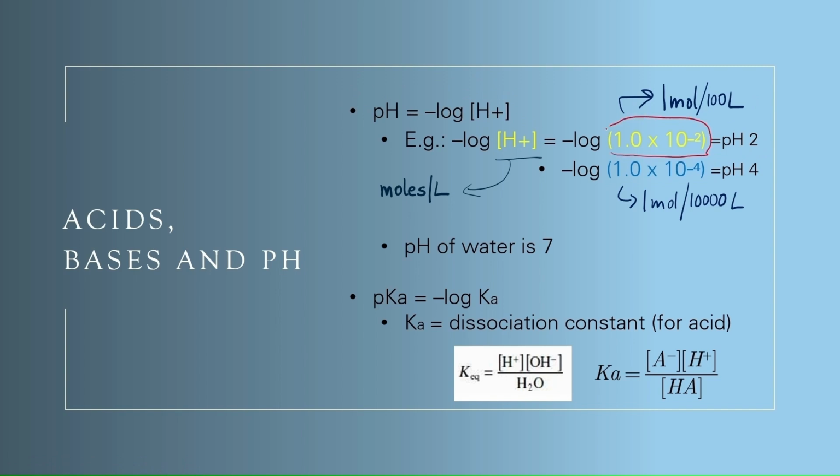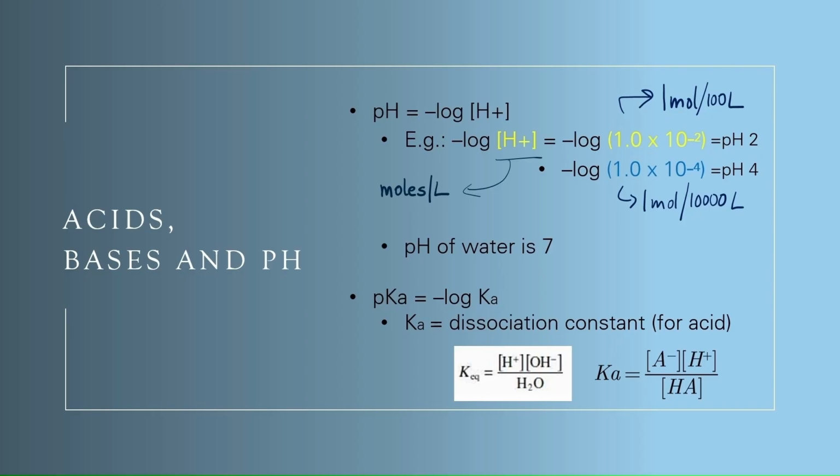Because when you put it into perspective, 1 into 10 raised to minus 2 means 0.01 moles of proton per liter of water. This is pH 2, that is like very low pH, okay?